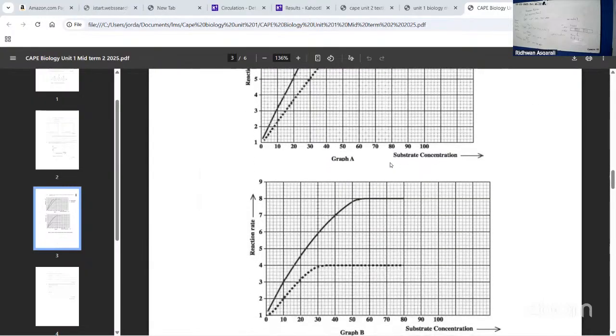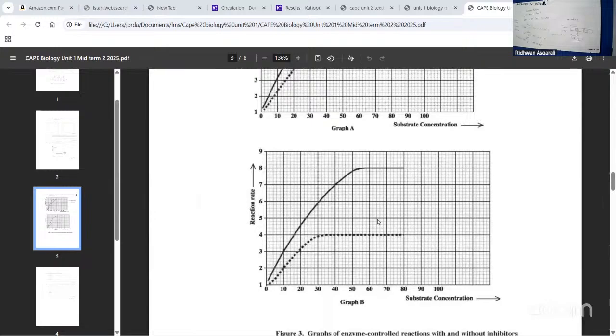So then graph A would be non-competitive inhibition. Remember, with non-competitive inhibition, they're not competing for the same active sites. So let's say the active site is here. The substrate's supposed to go in there. But what happens is there's another site down here where the inhibitor goes into. When the inhibitor goes in there, it changes the active site.